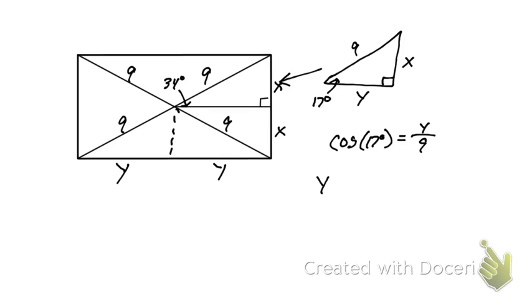We would do y equals 9 times cosine of 17 degrees, which should be about that 8.6 if you plug in your calculator. Oh, now I know what I did. I used sine instead of cosine. Okay, yeah, make sure you use the right one, because sine would get you 17.